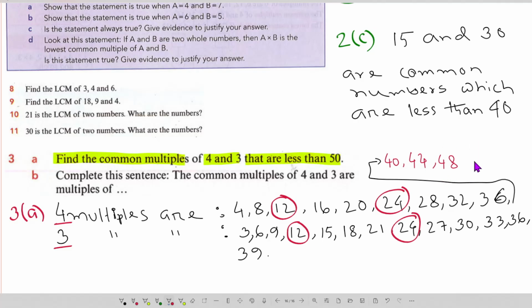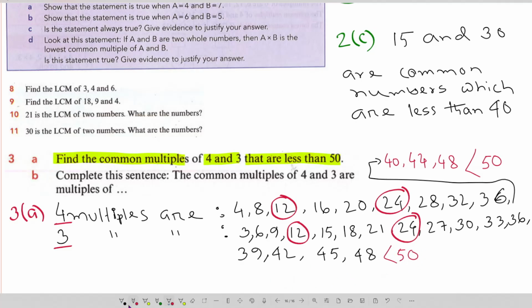Next 52, but 52 is not acceptable because we need less than 50. And here is also similar, 39, then 42, then 45, 48, right? And next, less than 50.